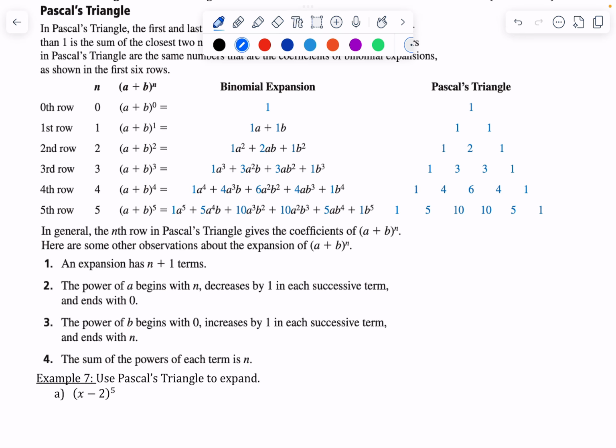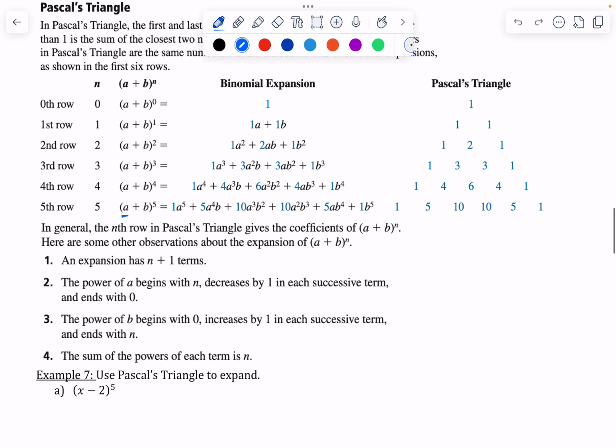If we're multiplying out a binomial, we're going to take the first value in the term, and we're going to raise it to the power outside the parentheses. And then from there, we're going to keep decreasing that by 1 as we move to each term afterwards.